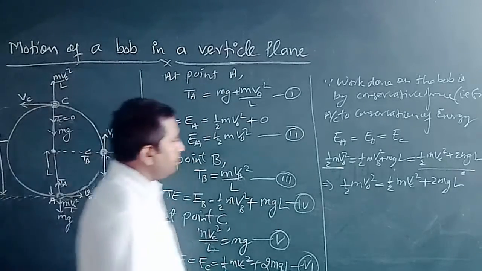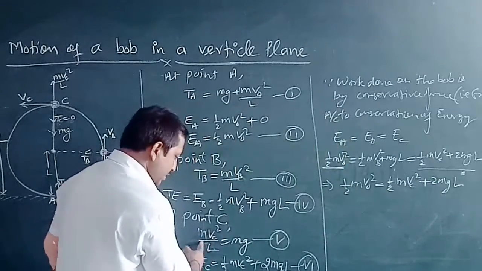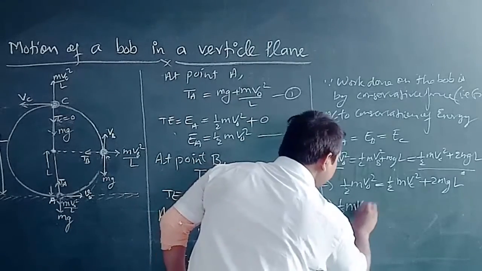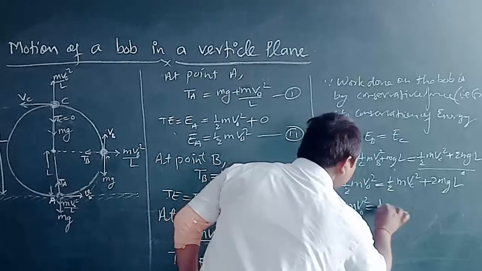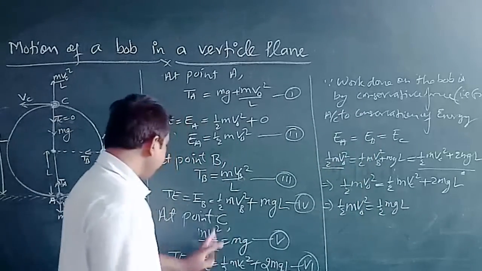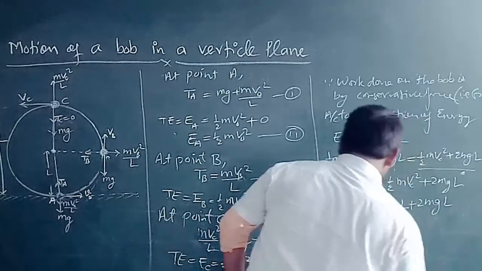Okay, so if we put this mvc square from equation number 5, then we get half of mv0 square equal to half of mgl plus 2mgl.